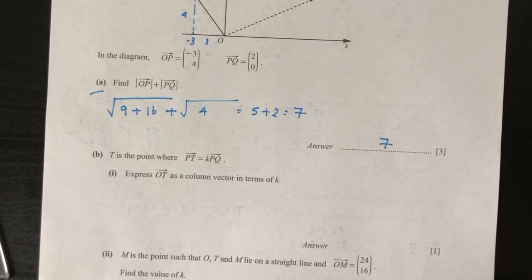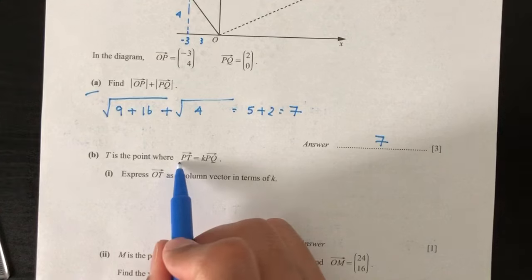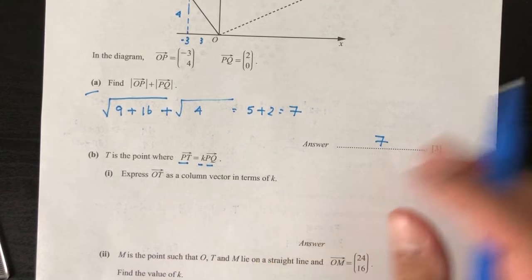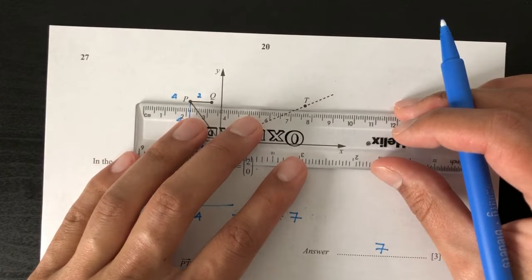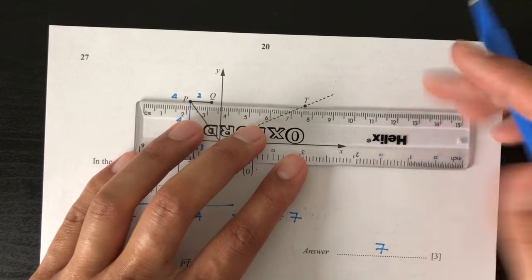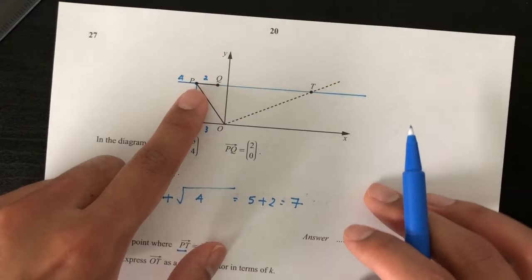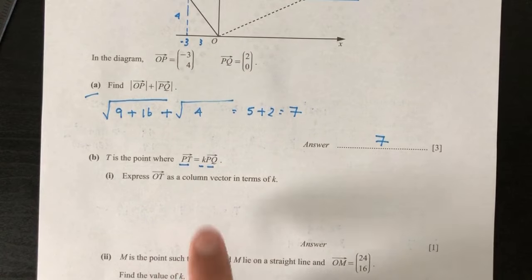Here we have to find T, a point where PT is equal to KPQ. So let's join these two. So PT is equal to KPQ. Because they lie on the same line, we can form this equation.